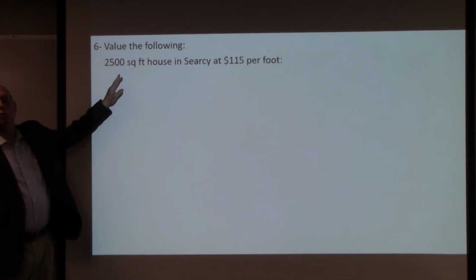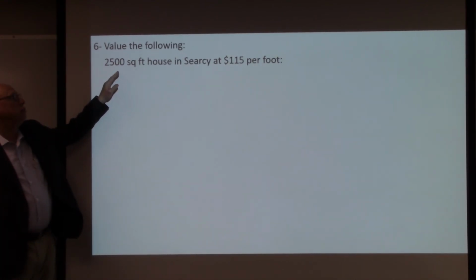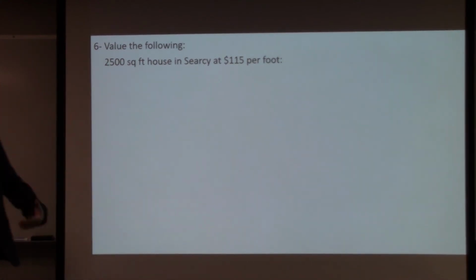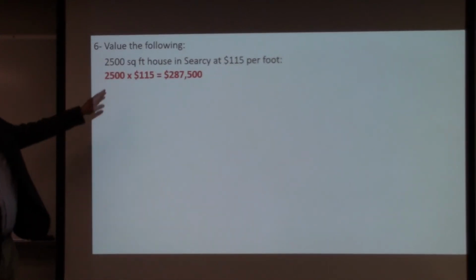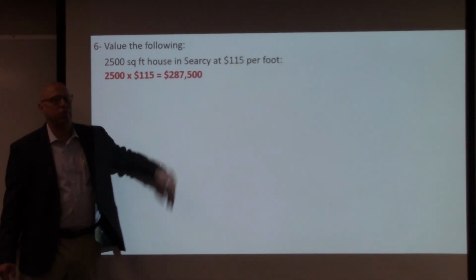Most starter homes are in the range of 1,700 to 2,000, and most second homes, where you move after you've been promoted and had a child or two, are usually 2,500 to 3,000 square feet at $115 per foot. That house will cost you $287,500.